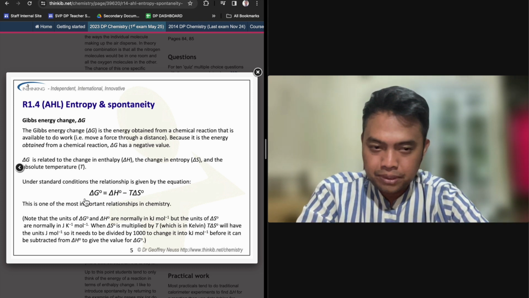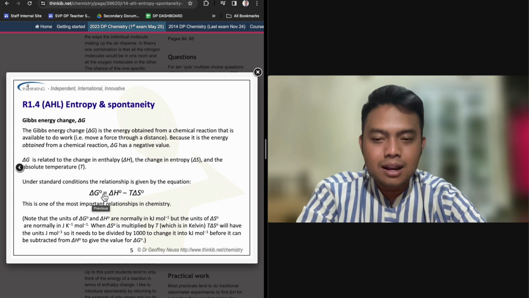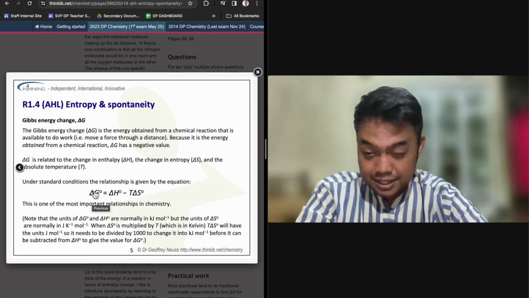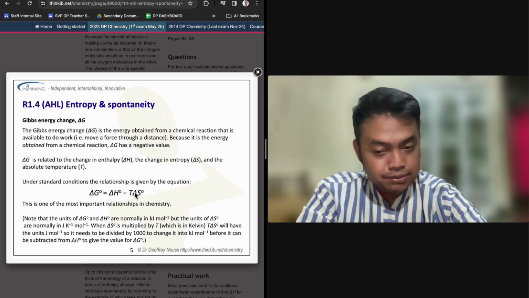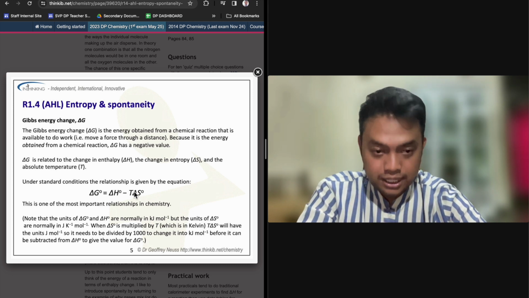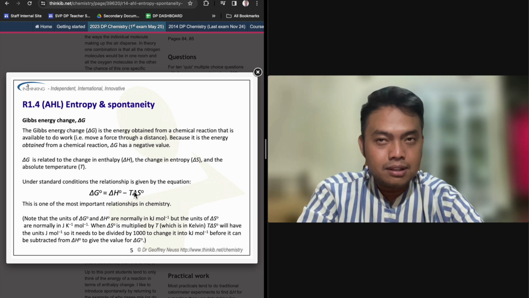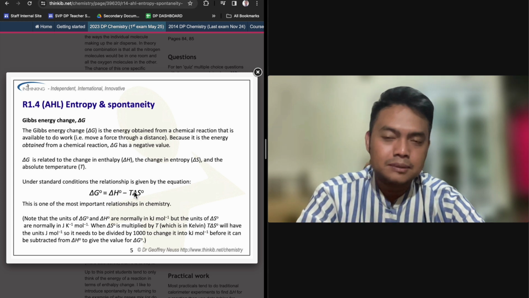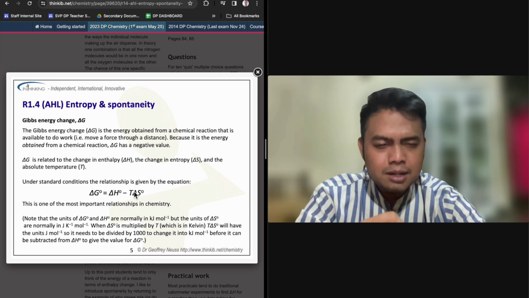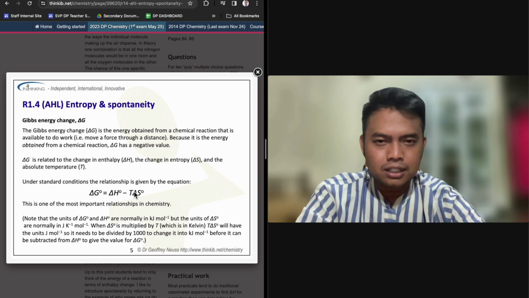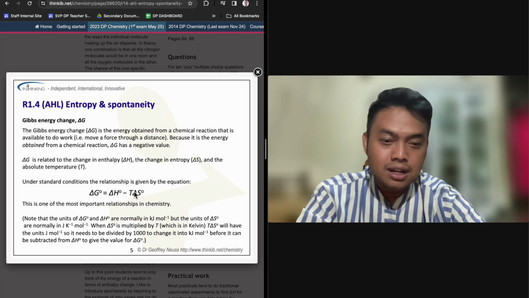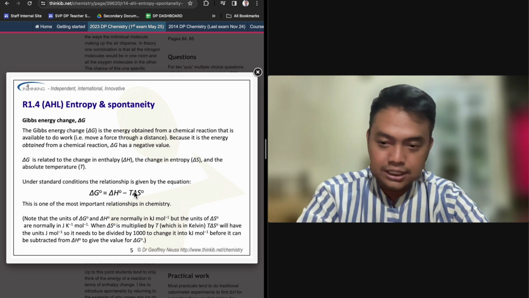Very simple, although there are a lot of weird terms in here. Delta S we've covered before, the entropy change. Entropy is a term to say something about the dispersal or disorderliness of the molecules and energy.